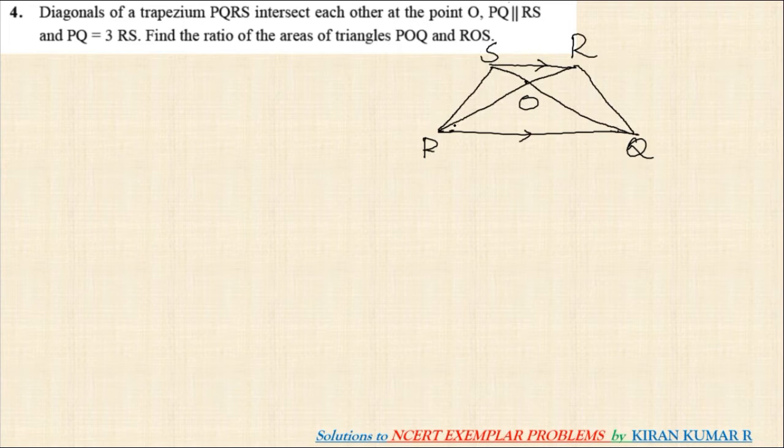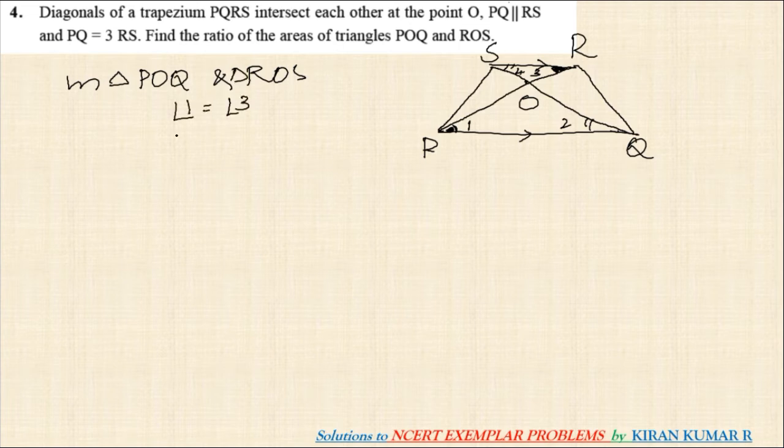We can say that these two angles are equal by alternate angles. These two angles are also equal. If I name this as 1, 2, 3 and 4, I can say in triangles POQ and ROS, angle 1 equal to angle 3, angle 2 equal to angle 4.